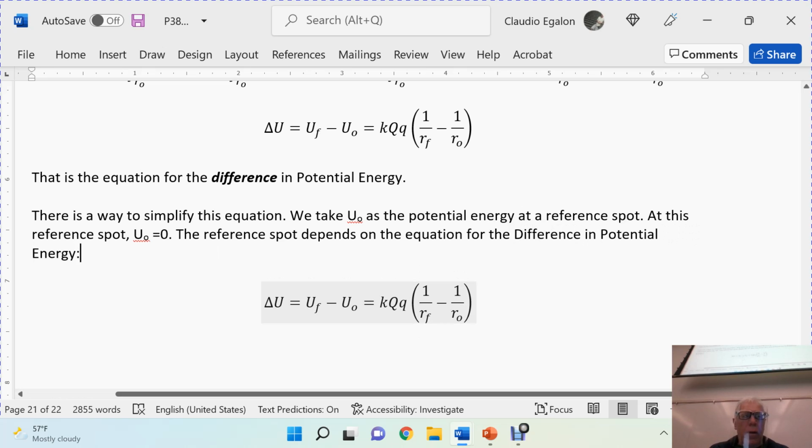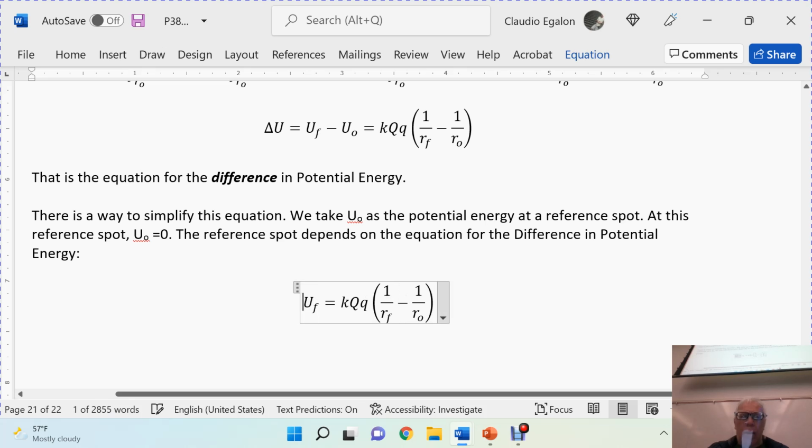So here you go. I mark this as my reference potential energy. And where are we going to choose this spot?